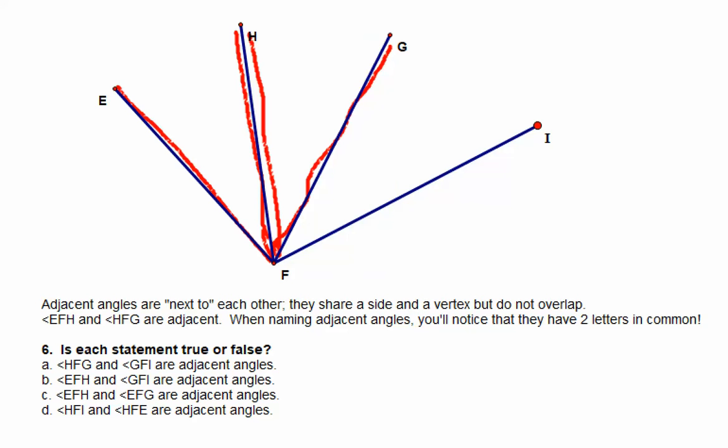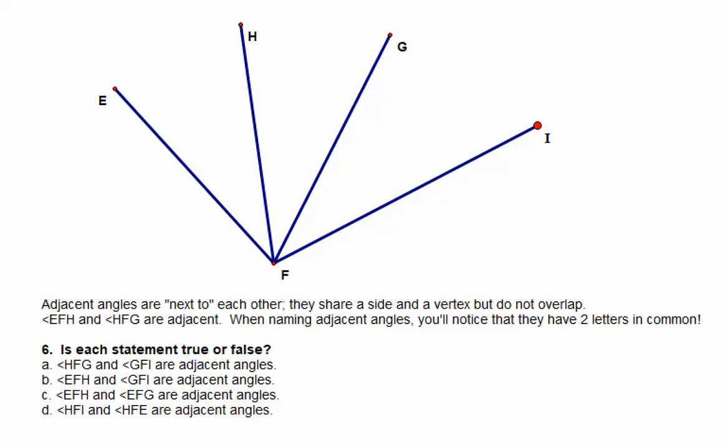Not a very neat tracing, but you can see I traced over HFG. If you notice, I traced over this side, HF, in both angles. The angles share that side and they share this vertex. They are adjacent angles. When naming adjacent angles, you'll notice that you'll have two letters in common.